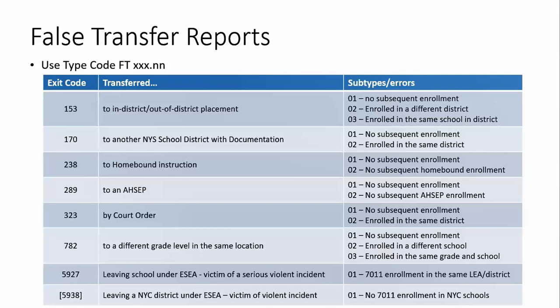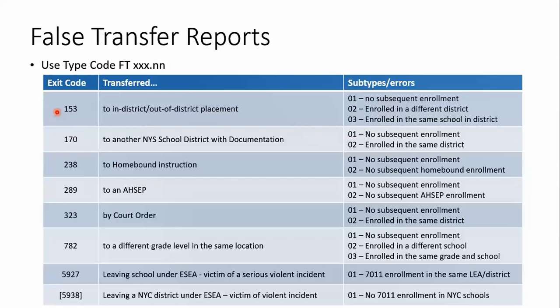So let's just take one of these and discuss it briefly. Let's look at the exit code 153, which is used to indicate that a student was transferred to another location within your district or to an out-of-district placement.